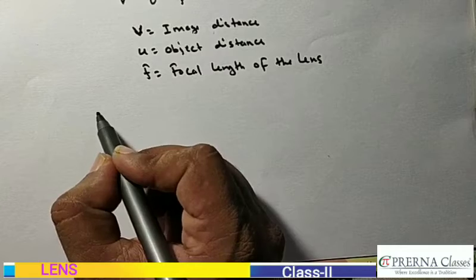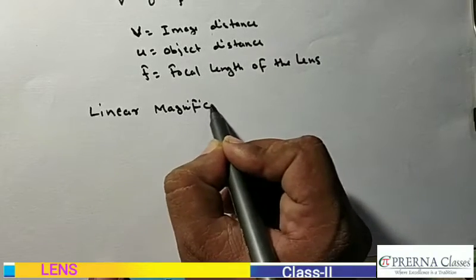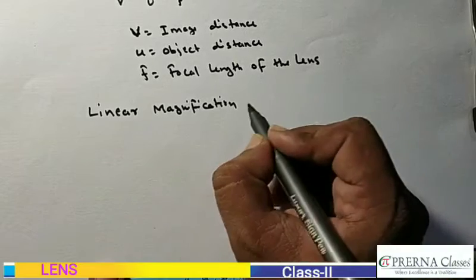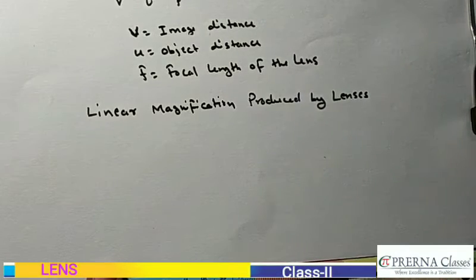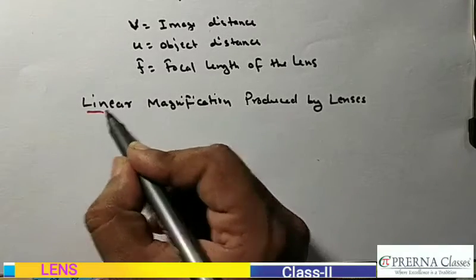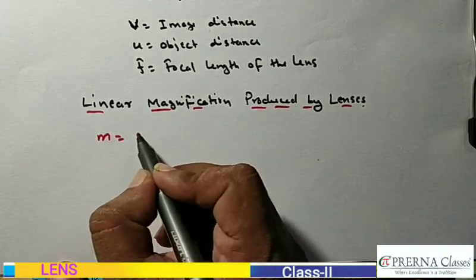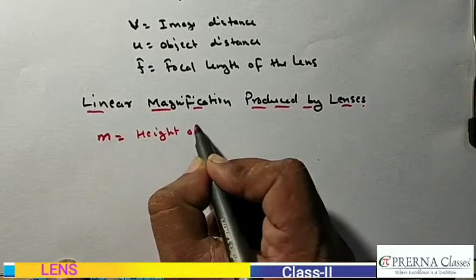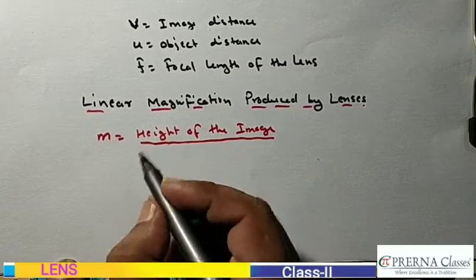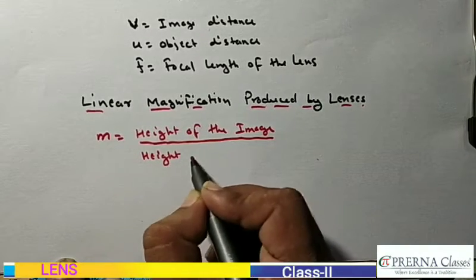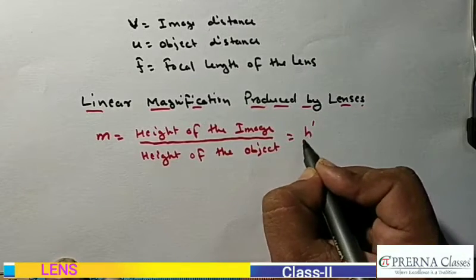Linear magnification produced by lenses is defined as M equals height of the image by height of the object, h dash by h.